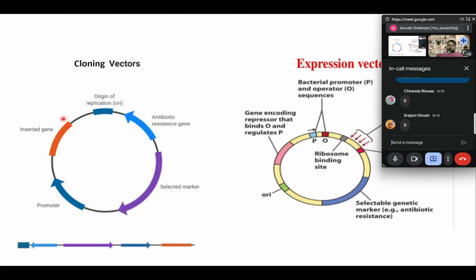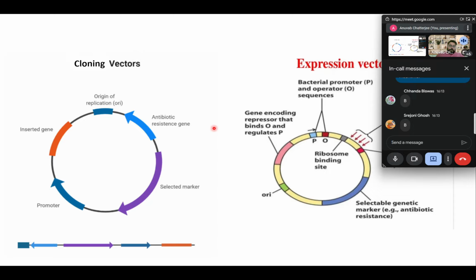So what you do is you take your cloning vector where you have made a lot of copies of your particular gene, you subclone or just take the inserted gene and put it into a shuttle vector, and then you purify the shuttle vector and put it into the mammalian expression vector.